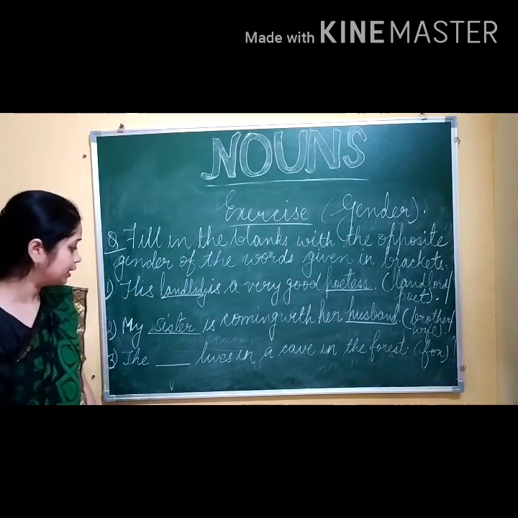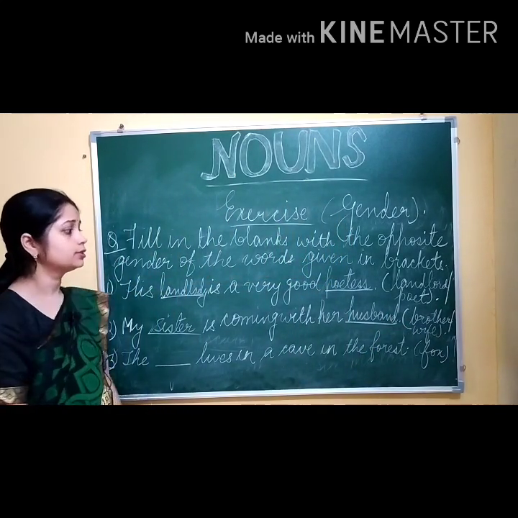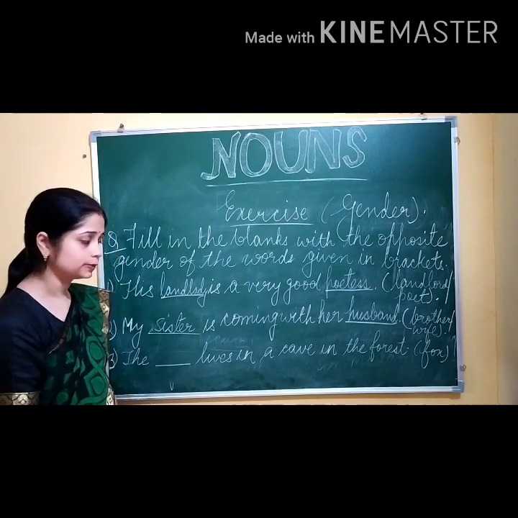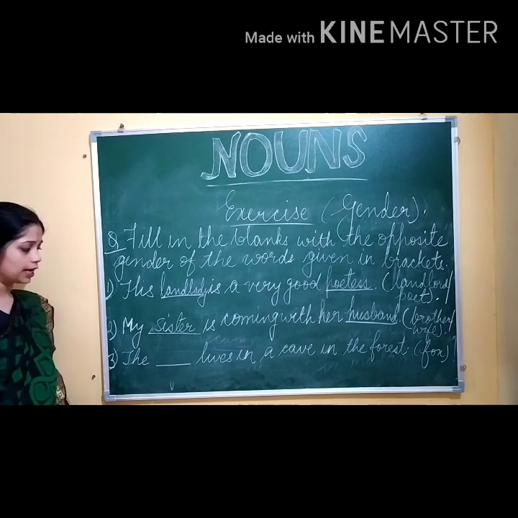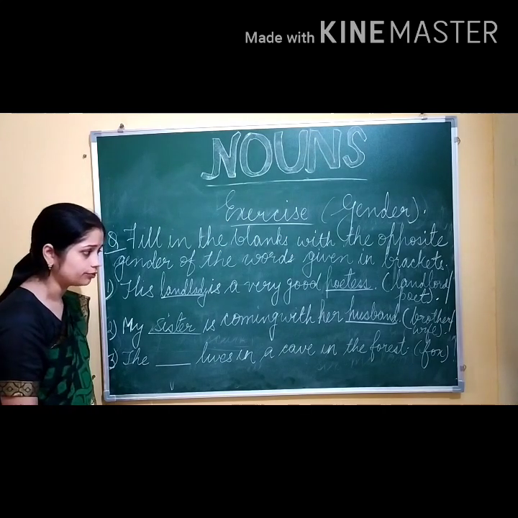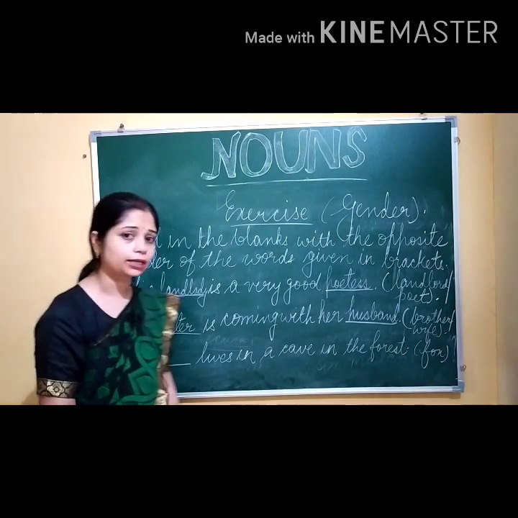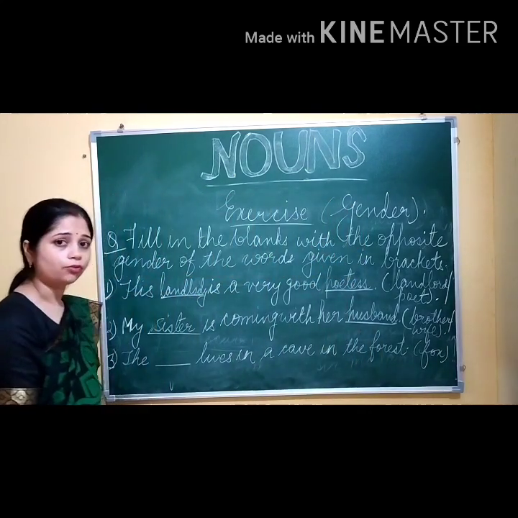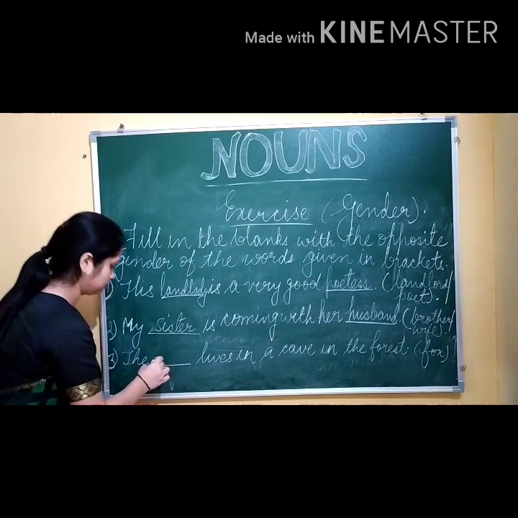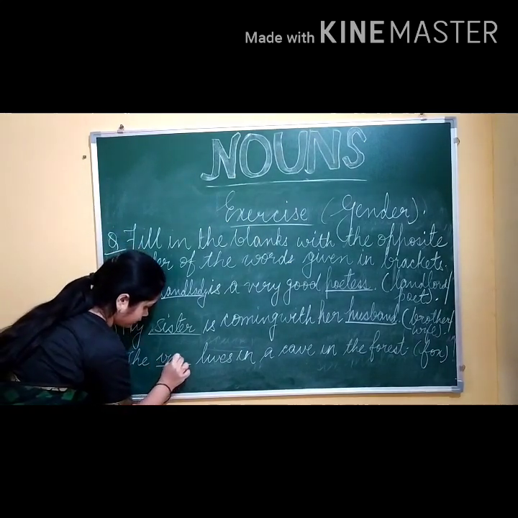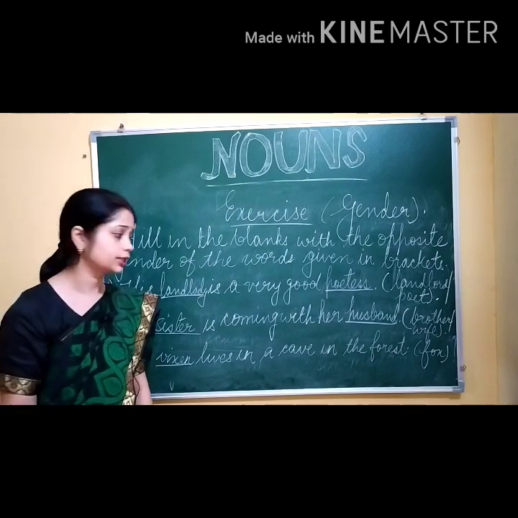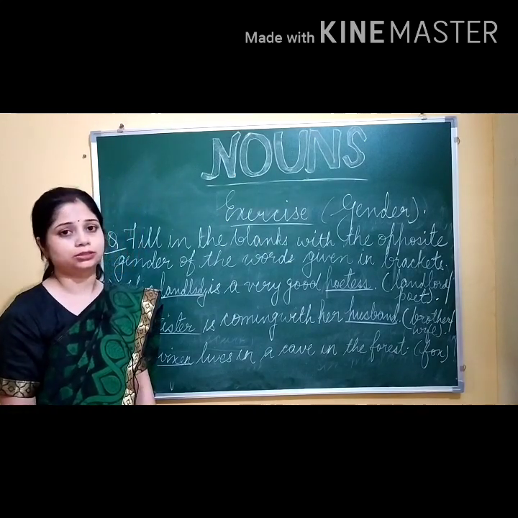Brother has been changed to sister and wife has been changed to husband. Another question. The dash lives in a cave in the forest. In the bracket, the word is fox. The opposite gender of fox is vixen. The vixen lives in a cave in the forest.